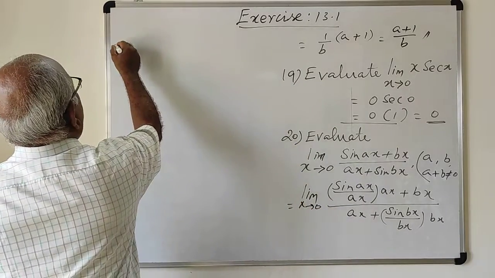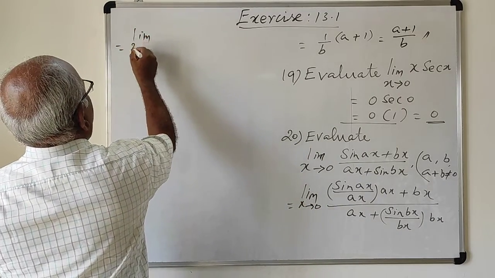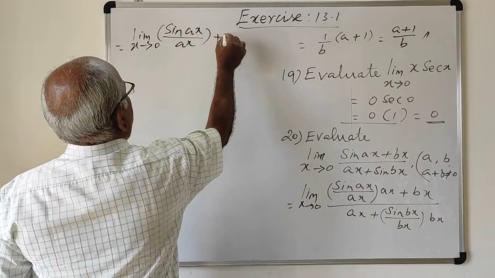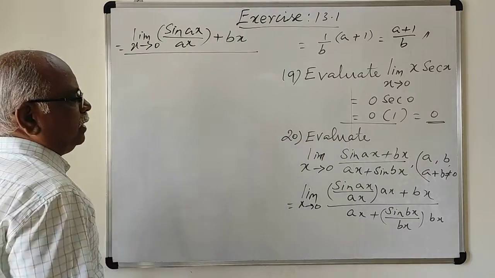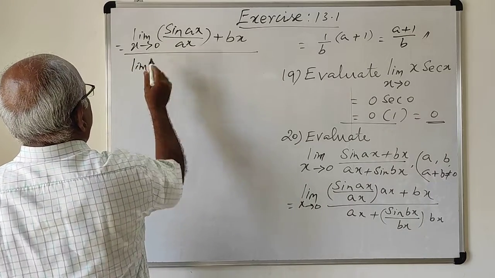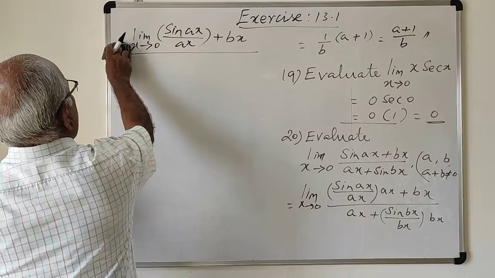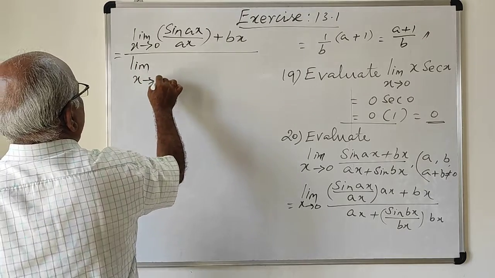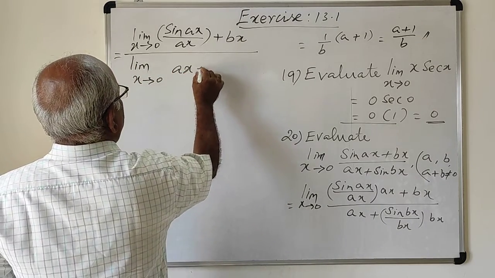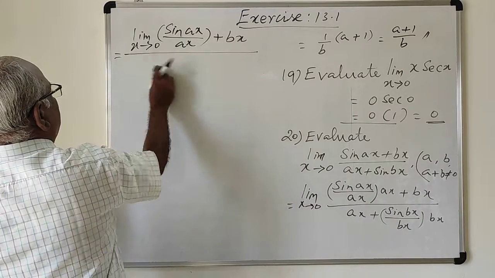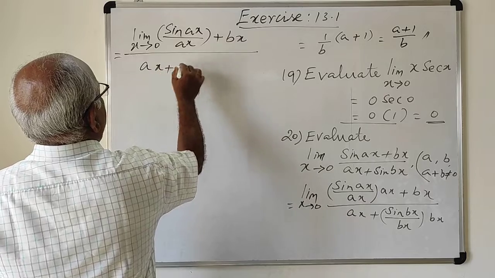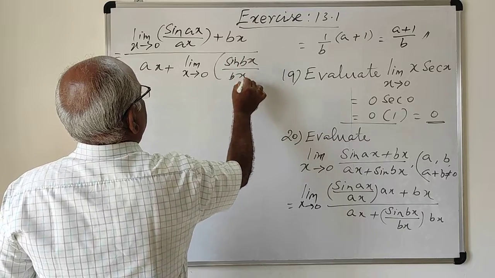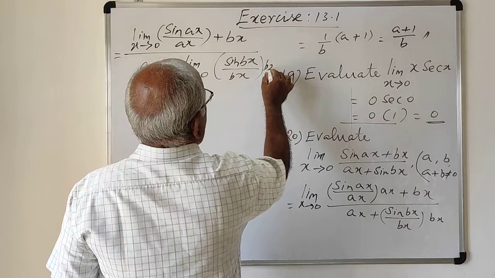So this is equal to, in the numerator, limit x tends to 0 of sin ax by ax, plus bx, divided by, in the denominator, you apply the limit separately: ax plus limit x tends to 0 of sin bx by bx, into bx. That is the problem.